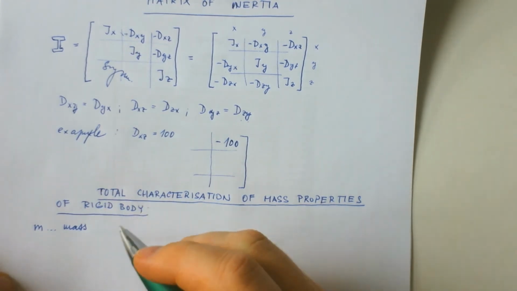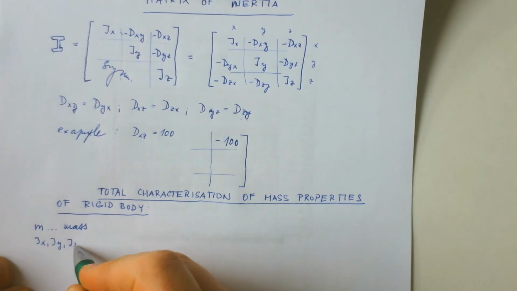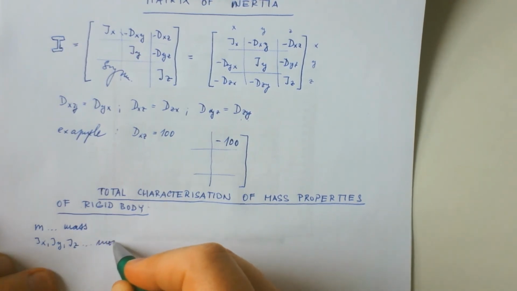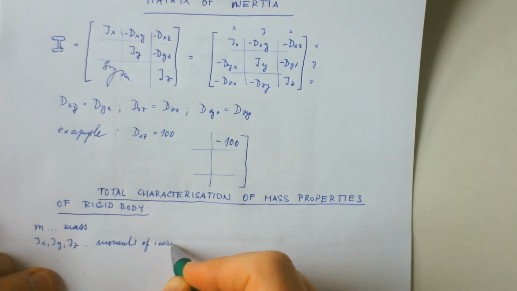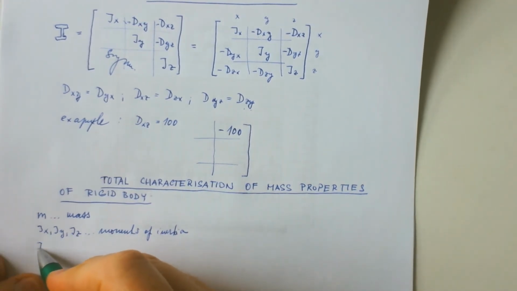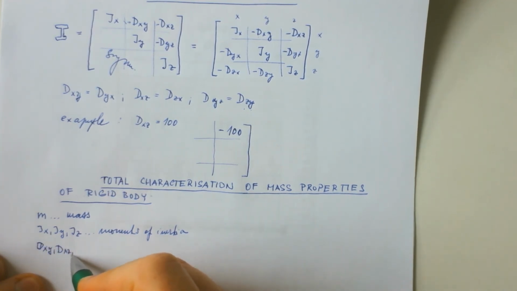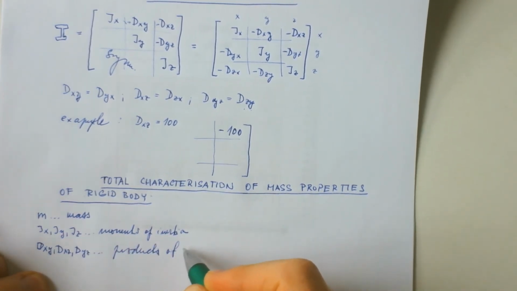We need also to know jx, jy, jz, so moments of inertia. We also need to know dxy, dxz, and dyz, products of inertia.